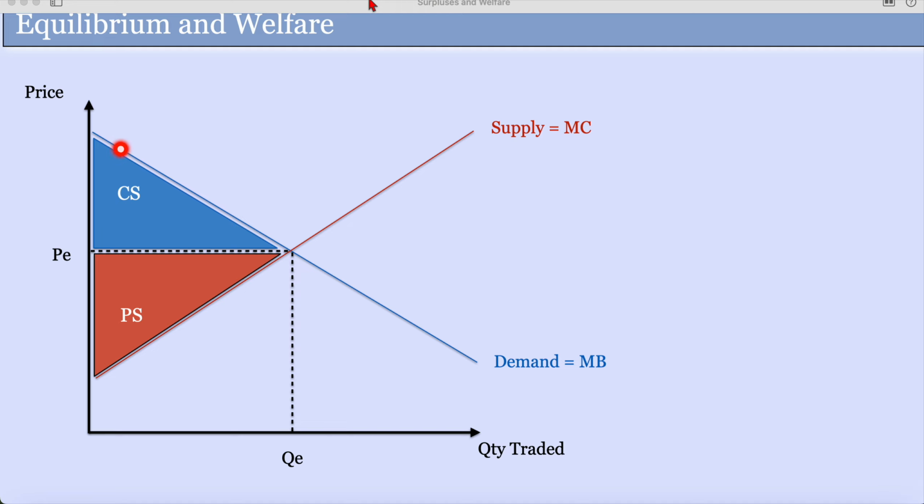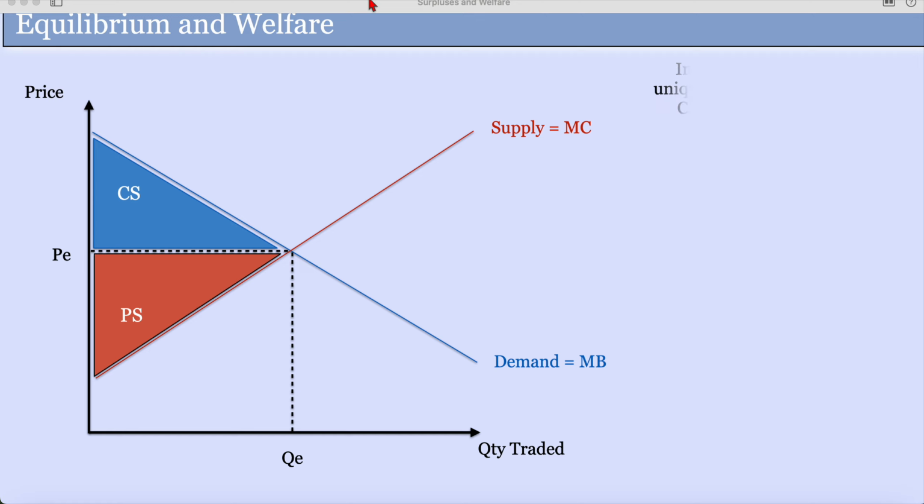This is the marginal benefit, that's the price they have to pay. That price they have to pay is also the benefit to the firms, and that's the marginal cost of producing, because the supply is marginal cost and demand is marginal benefit. If you don't get that, then you need to go back to the other videos where I've explained that, looking at the demand and the supply curve.